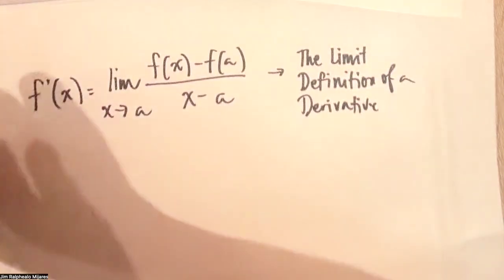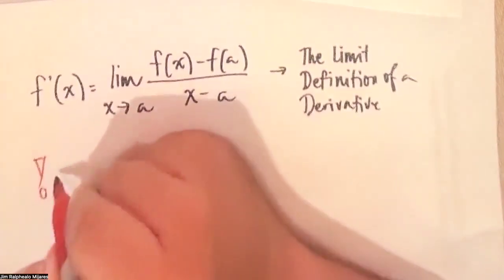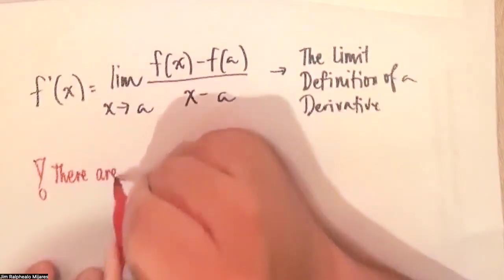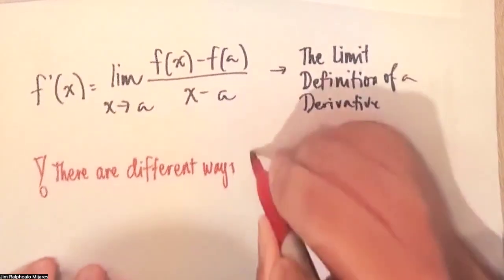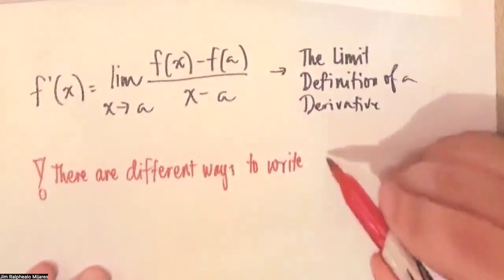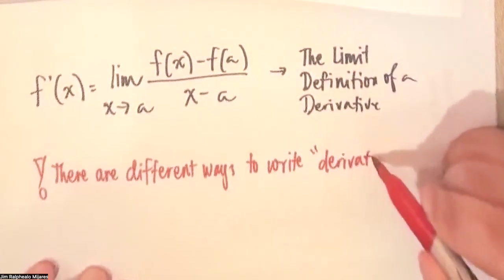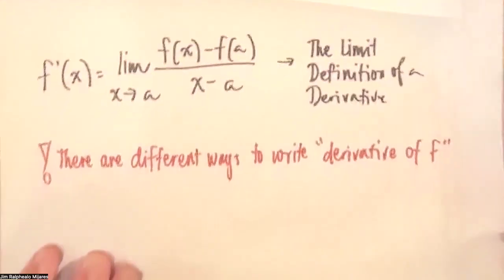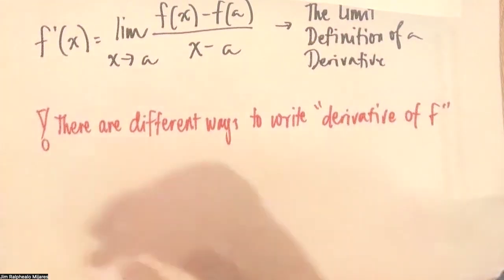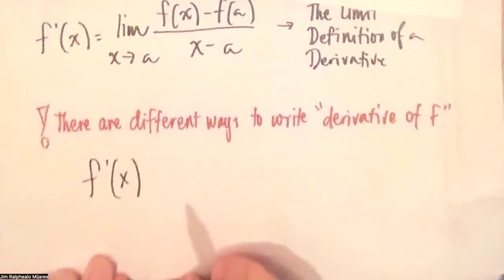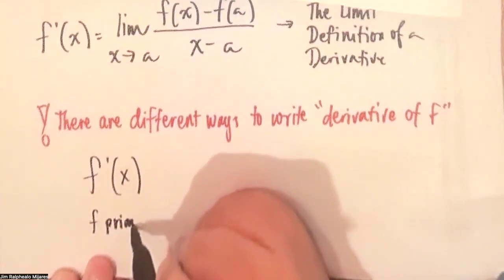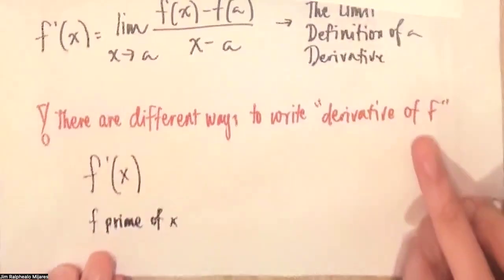Now, as a note, there are different ways to write the derivative of f. In fact, technically there are two general ways. So this is the first way: f prime of x. This means derivative of f.